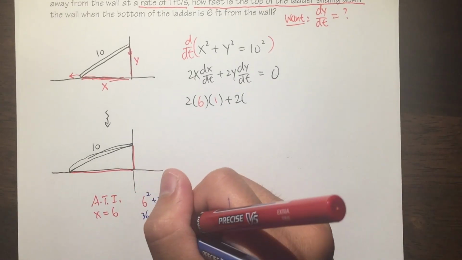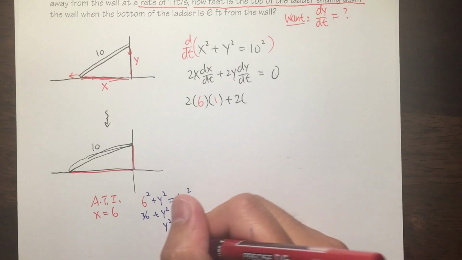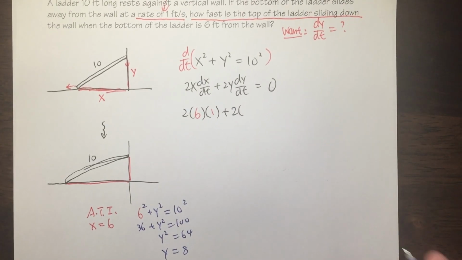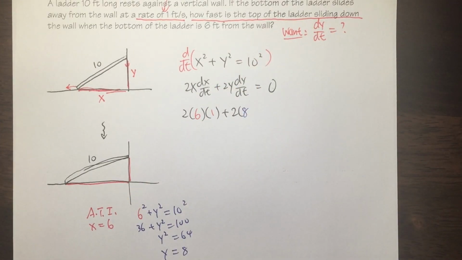Then minus 36 on both sides, y squared is equal to 64. Take the positive square root, and you get y equals 8. So y is equal to 8 at the moment that x equals 6.